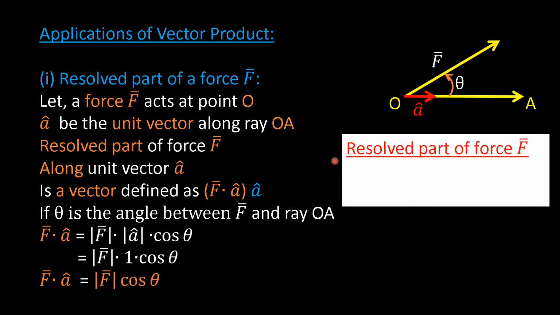Therefore, the resolved part of force F bar along A cap will be as defined by this: mod F bar cos theta, which is F bar dot A cap, times A cap. So that is mod F bar cos theta A cap.